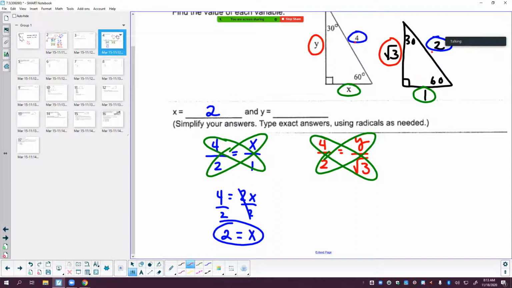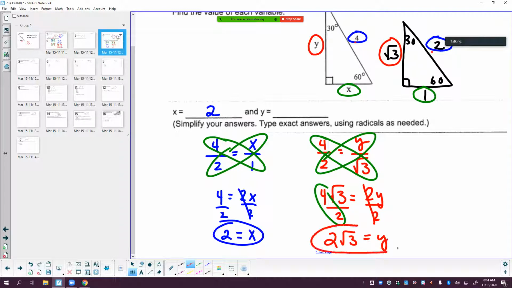So 4 square root of 3 is 4 square root of 3. 2 times y is 2y. Divide by 2 on both sides, and then see if you can simplify. You are able to simplify right here with the whole numbers. 4 over 2 reduces down to just 2. And then I have square root of 3 is equal to y.